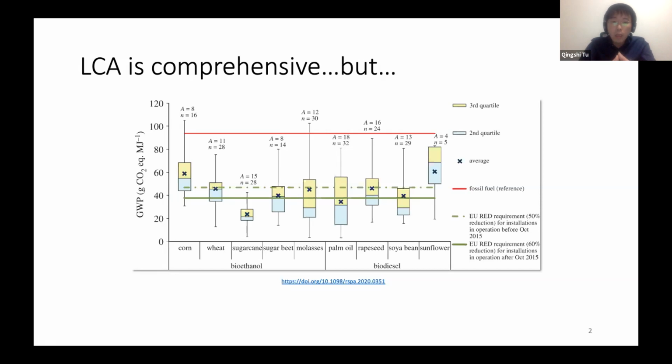And as you can see, you already see a very large variation in the global warming potential, which is basically the carbon intensity you're looking at, right? There are many causes contributing to this variation, and we're going to cover some of them.